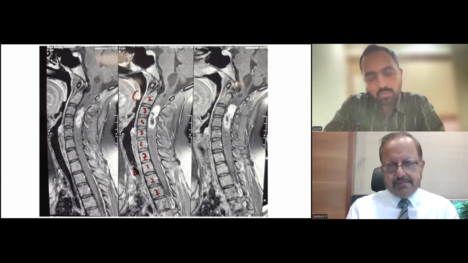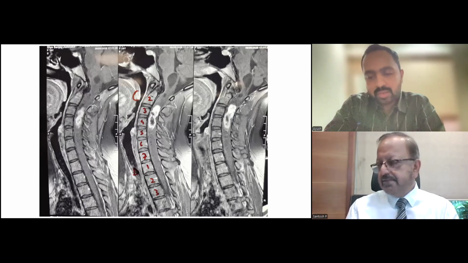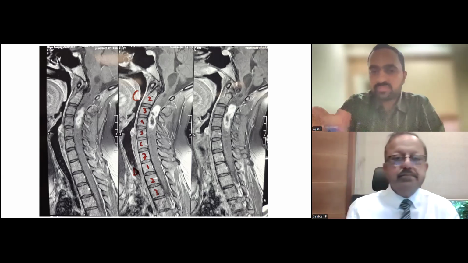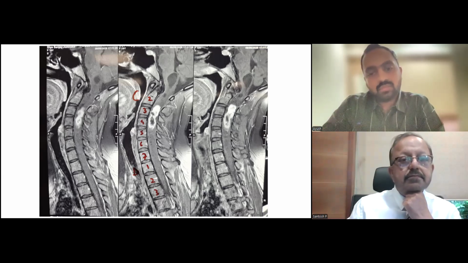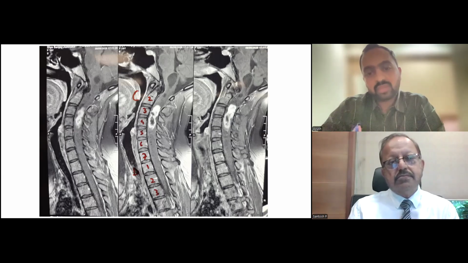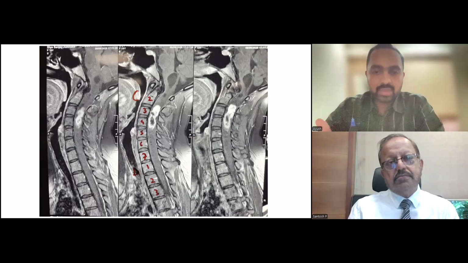So I would want to do a C2 to C4 and a part of C5 laminectomy, get the normal part of the tumor, and I would like to proceed. Laminectomy or laminotomy? I said laminectomy, C2 to C5 laminectomy followed by durotomy, in the presence of intraop neuromonitoring.